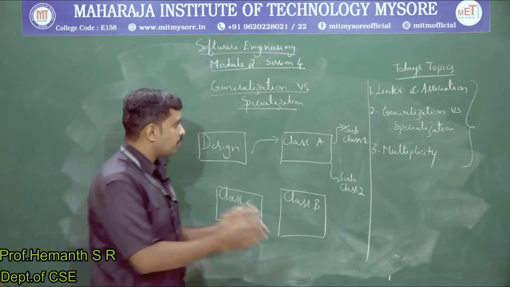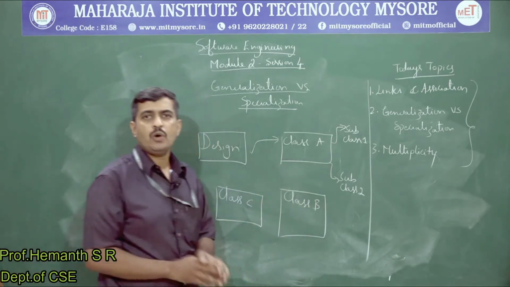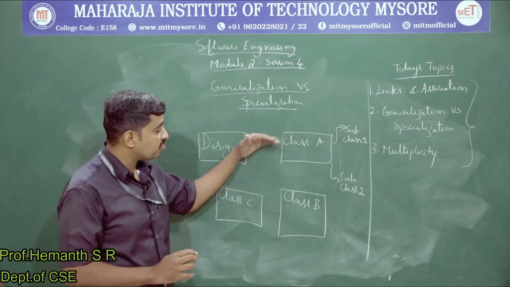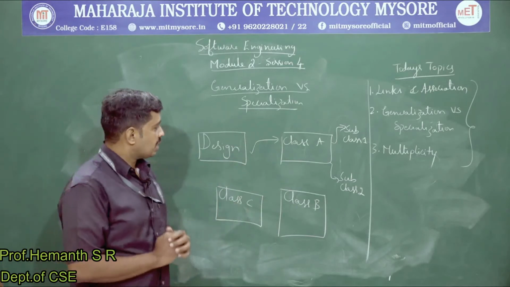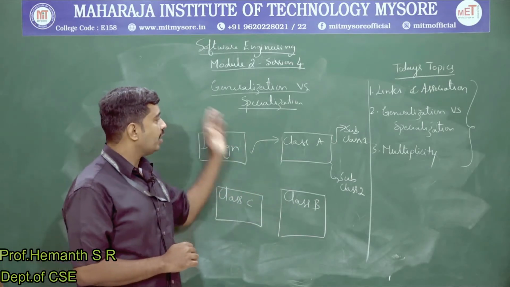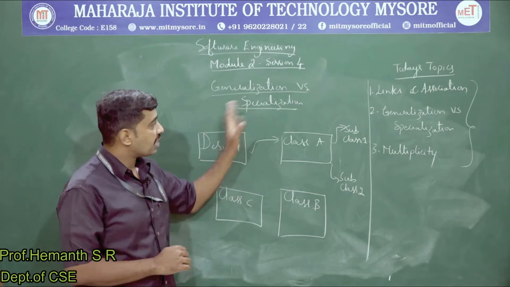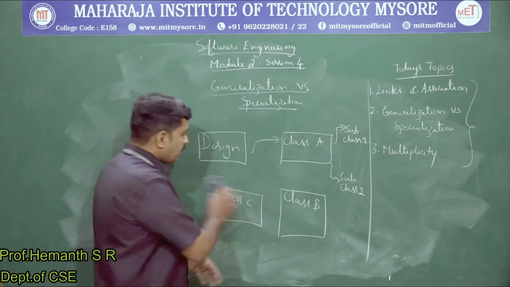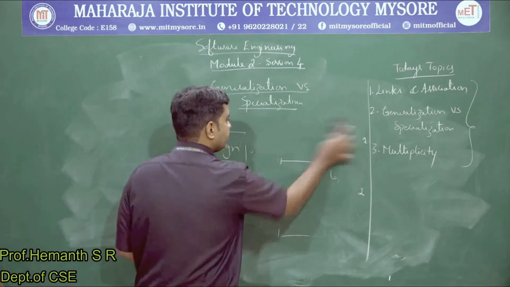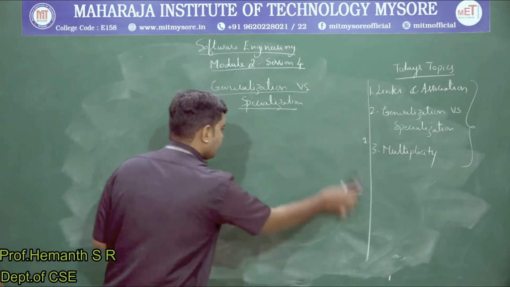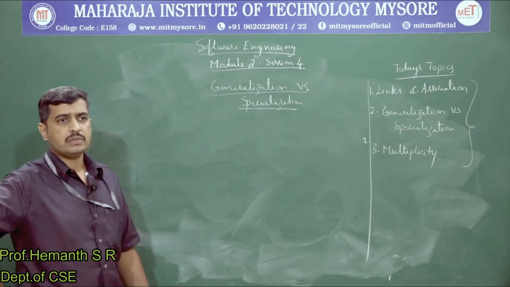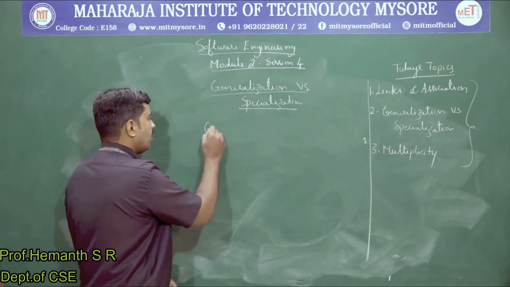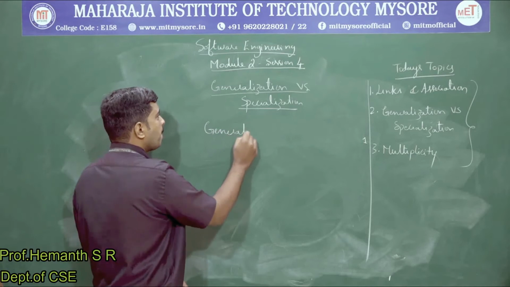Basically it's all about classes and subclasses, how exactly they are arranged in the form of a hierarchy. That is what is graphically depicted and represented in generalization and specialization. We'll try to explore the details of it. First we would take up generalization. What exactly is generalization?